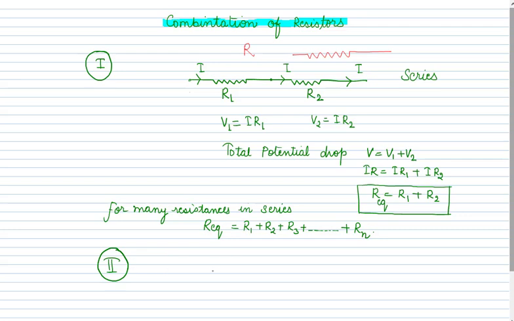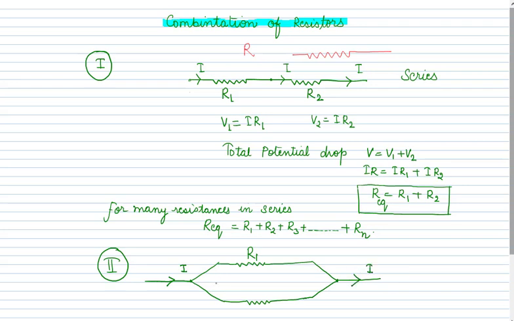So say we are having a resistance R1 and this is another resistance R2, and if we connect both the ends, so say both the ends are connected to a common point from here and from here we are having a common point, and through these points we are allowing some current to flow. Say the current is I, and the current coming out will also be I.